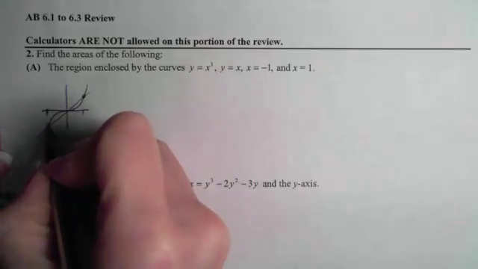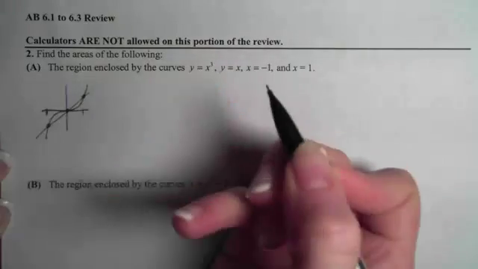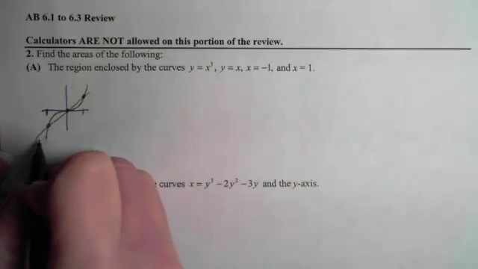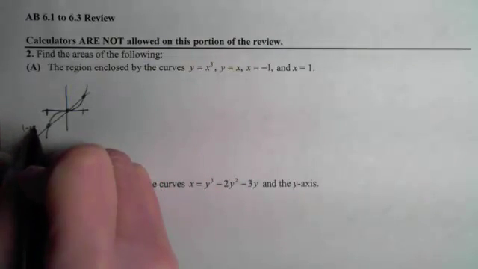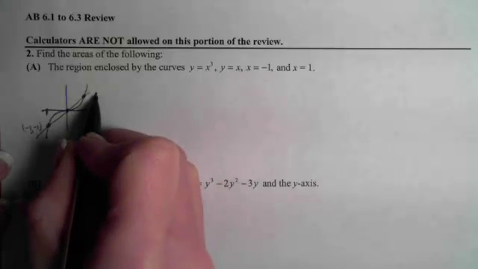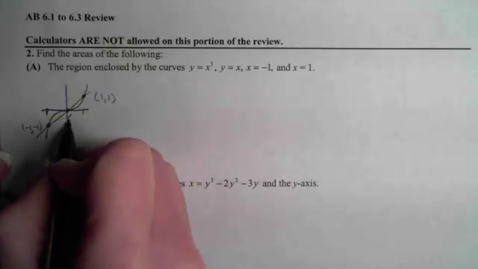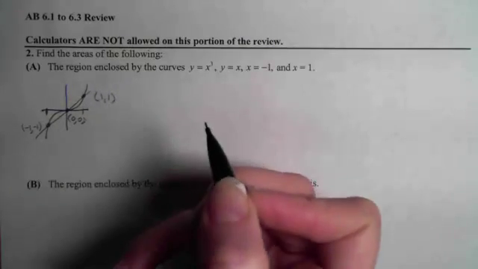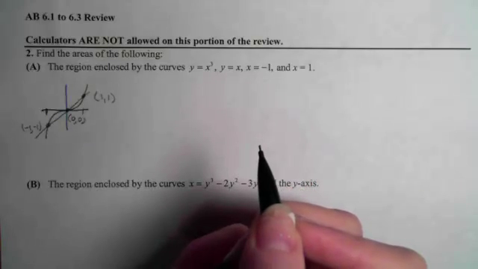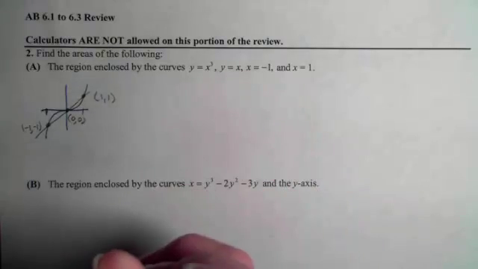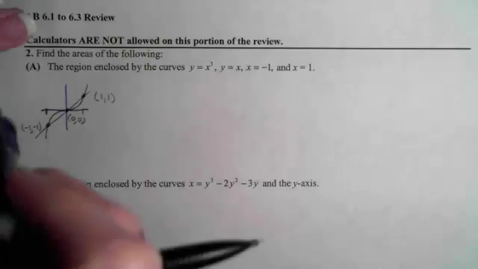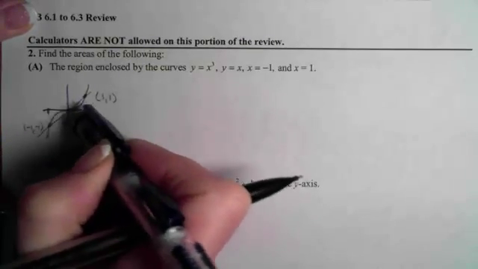So we don't even really need those lines because we have the intersections already. So we can see that it intersects at -1, -1, at 1, 1, and then again at 0, 0. So we've got two distinct regions here, but because of the symmetry of the curves, we can deal with just one of them and then double it.